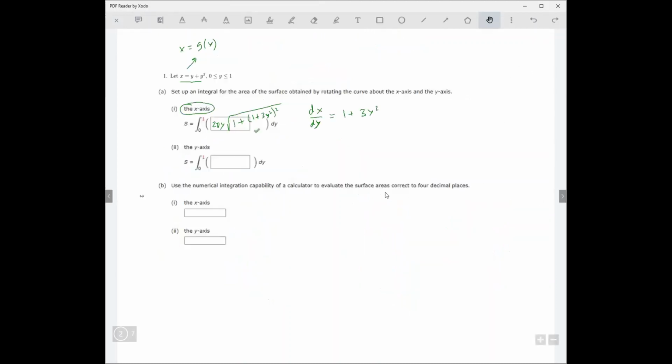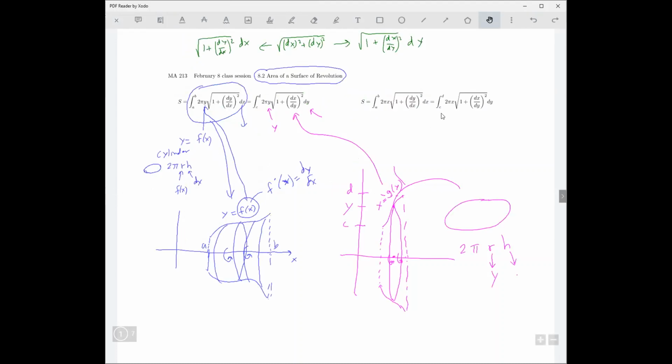Now in the second case, we're going to be rotating about the y-axis. When rotating about the y-axis, we're still going to use this dx/dy equals 1 plus 3y squared, but we're going to use this formula here.